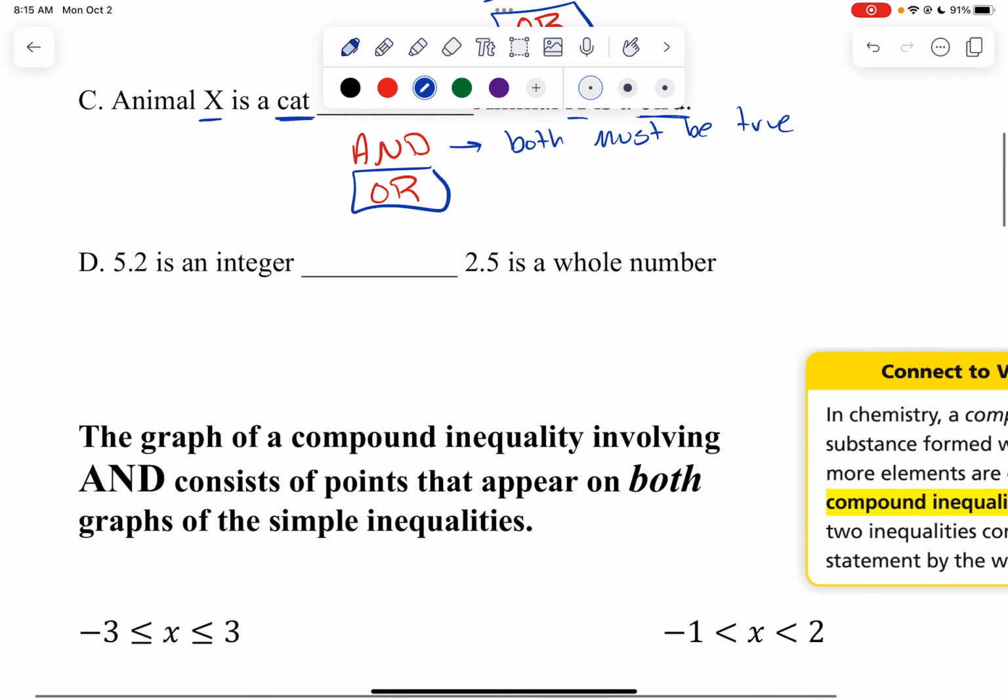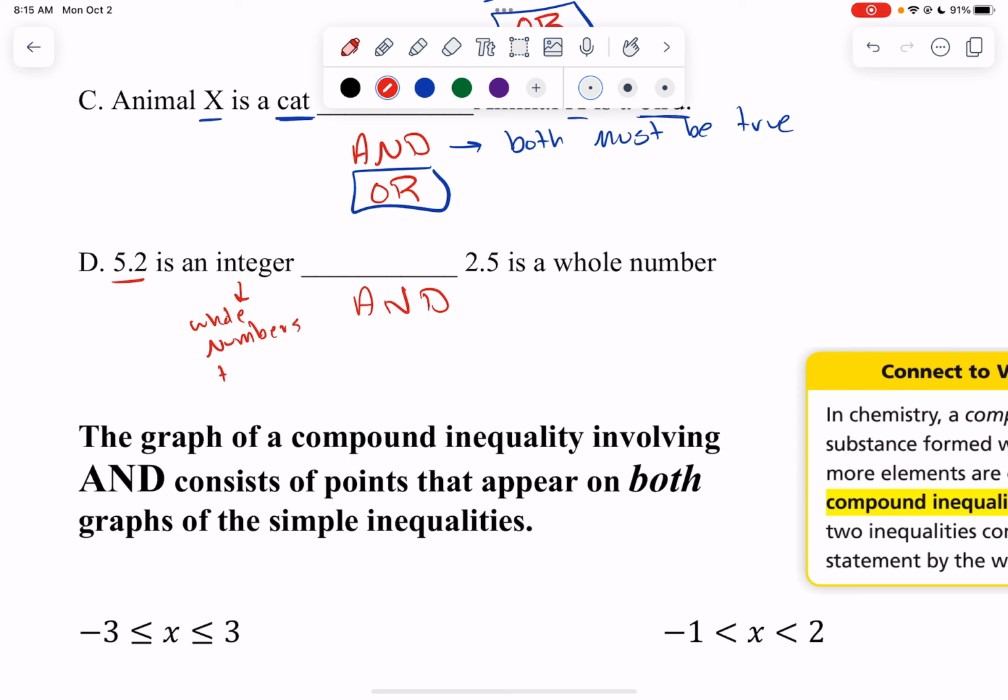Okay. The next one, 5.2 is an integer and 2.5 is a whole number. Again, for and, both must be true. Is 5.2 an integer? If we remember what the integers are, whole numbers and their opposites.